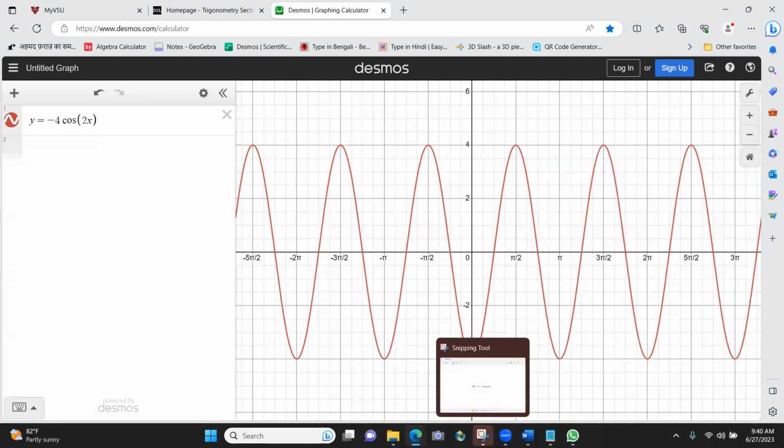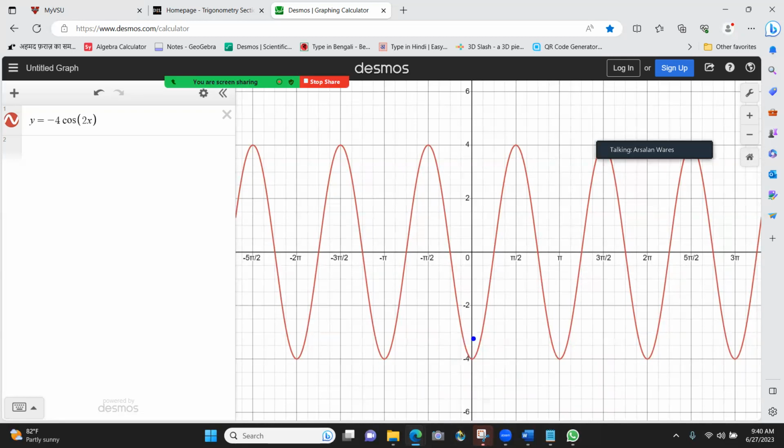Now, for period. Let me see if I have a nice tool that I got. Remember, guys, the period is the part of the curve that's repeated. It's going to be this part, and this part is repeated. How far does it go from 0? 0 through pi.